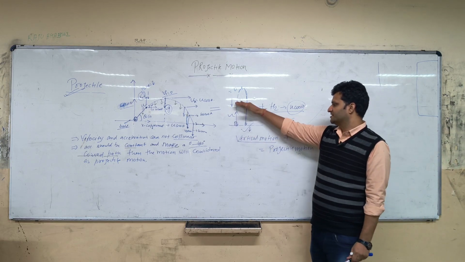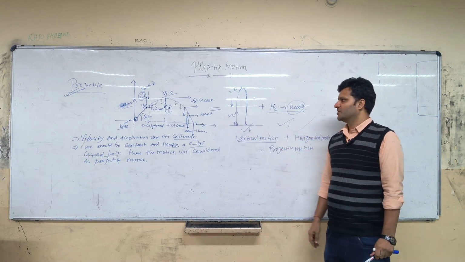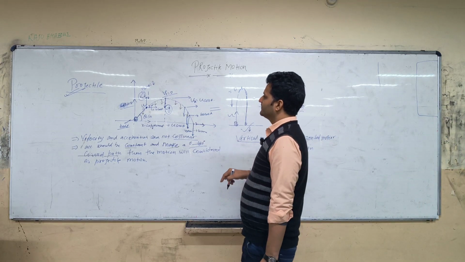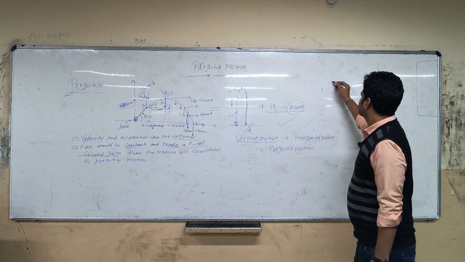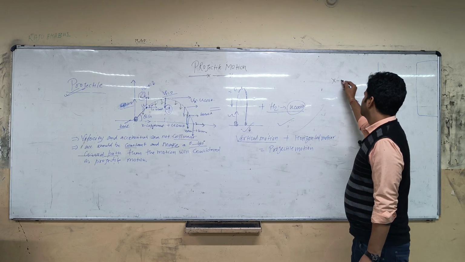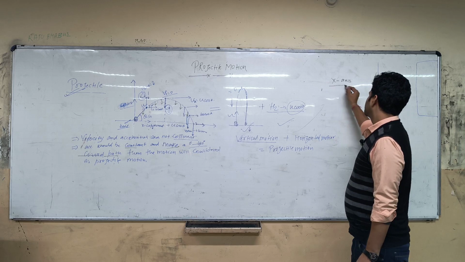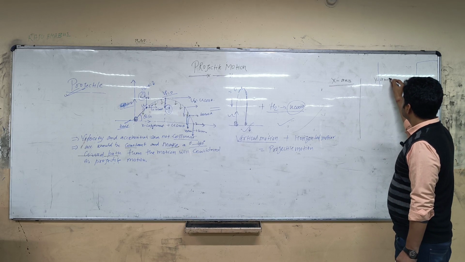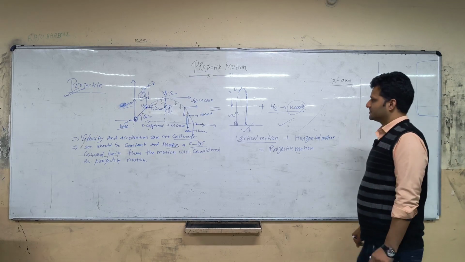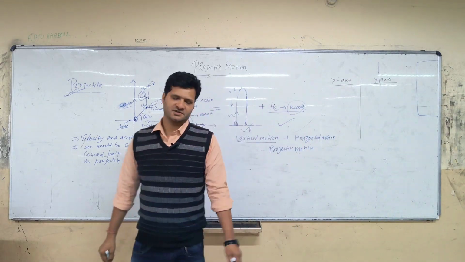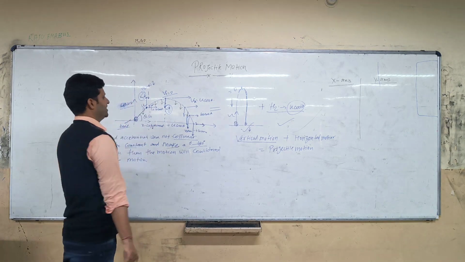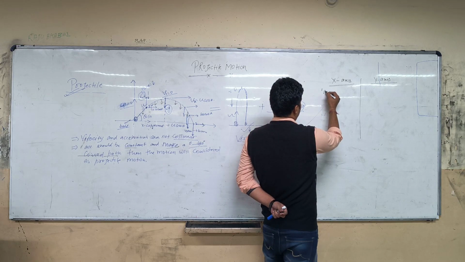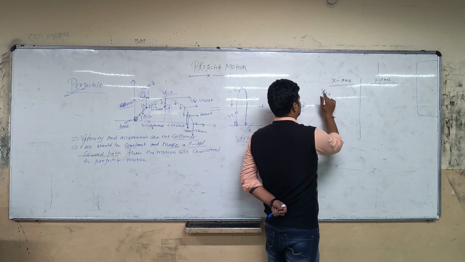As usual, in the vertical motion, whatever you have calculated. Just now, before going to that, first I will discuss the important parameters with respect to the x-axis and with respect to the y-axis. With respect to the x-axis, what is the value of horizontal velocity?